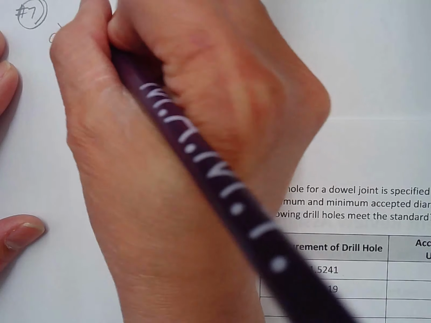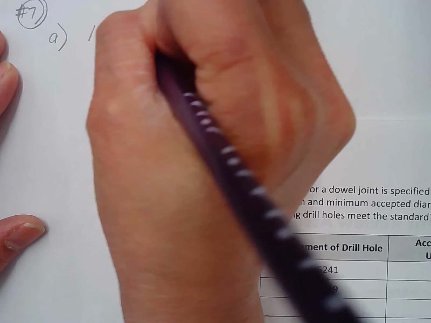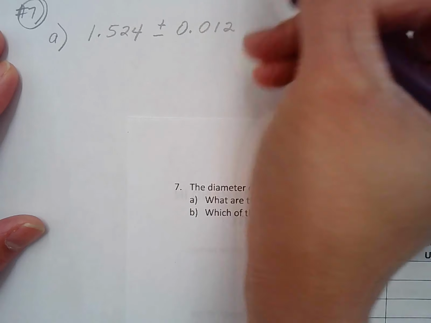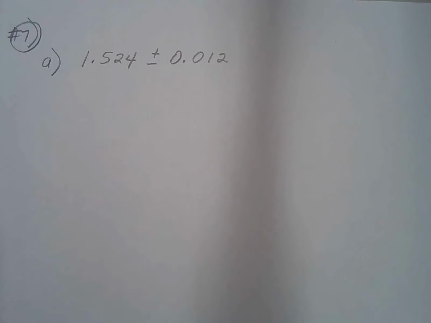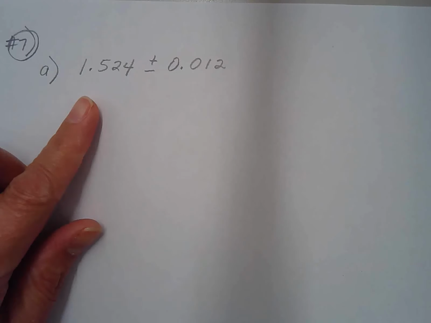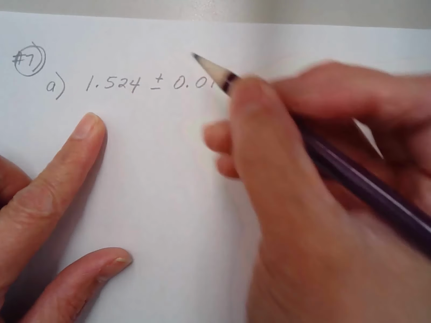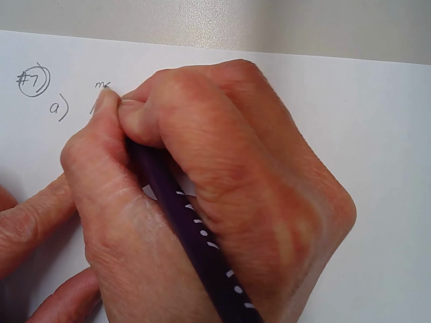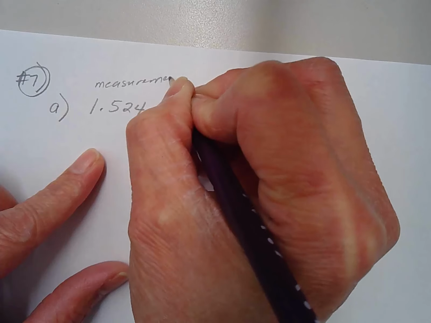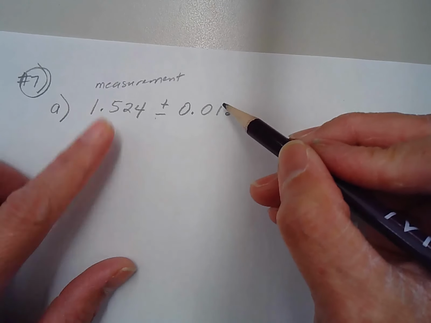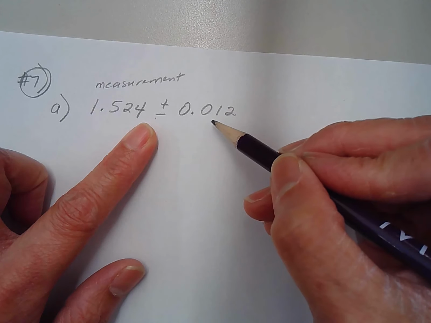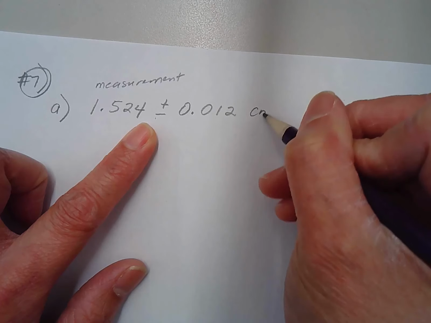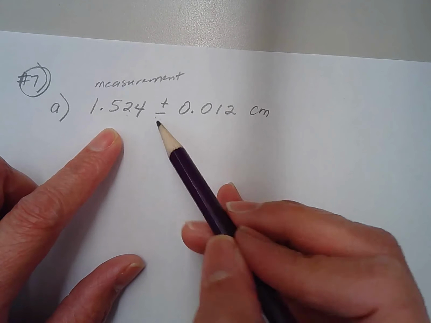We know it's 1.524 plus or minus 0.012. So this is the measurement, and then they said it's okay to add 0.012 centimeters or a little bit less.